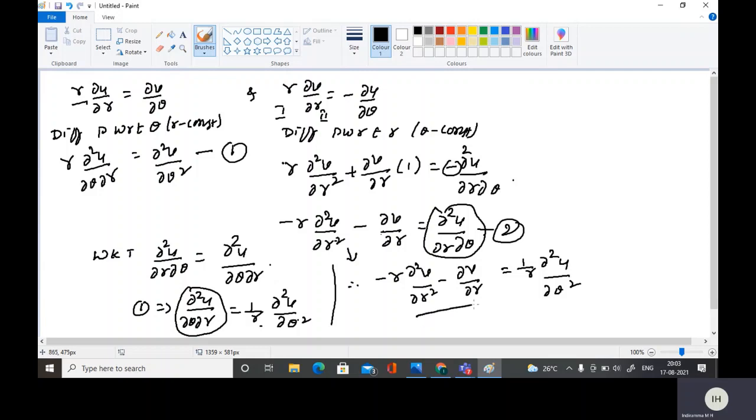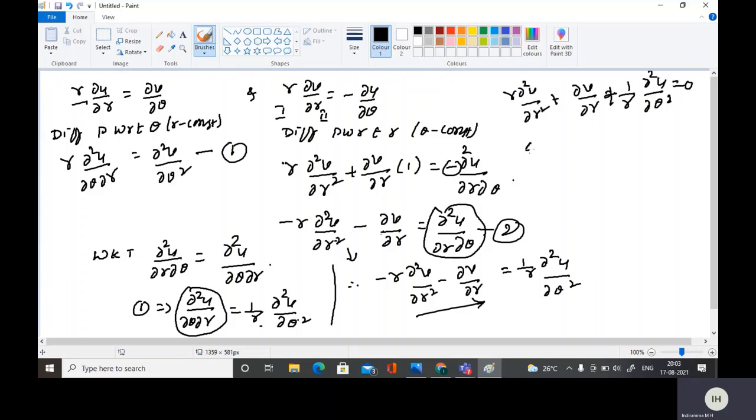You can take these two to the RHS. So we obtain R into ∂²V/∂R² plus ∂V/∂R plus 1 by R ∂²V/∂θ² is equal to 0.